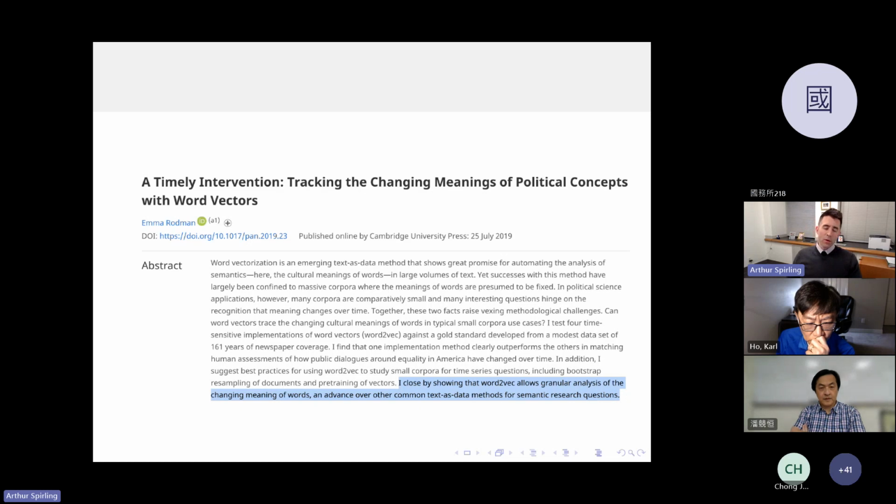The idea is to think about how words change in meaning over time. So again, notice this use of the term meaning. People are very excited about this idea that embeddings help us think about meaning, and that's the insight that we want to trade on today.